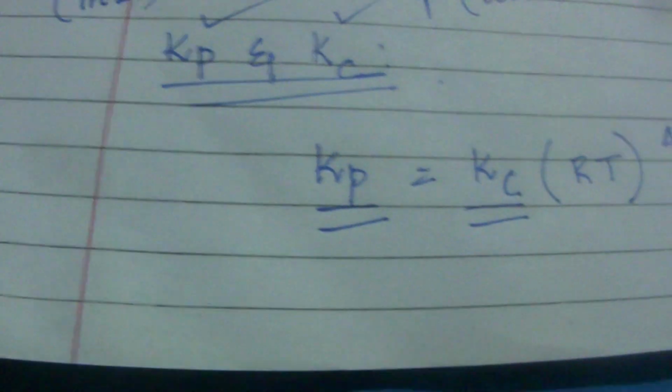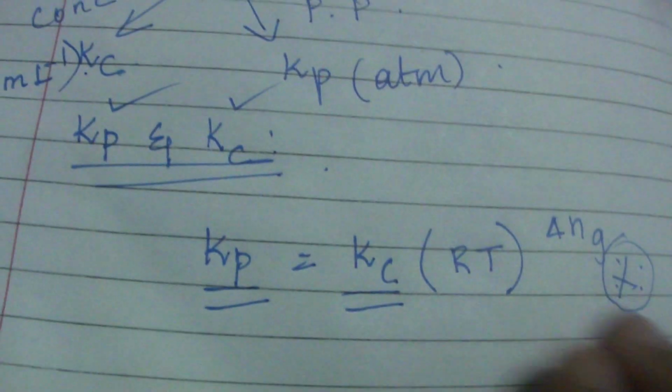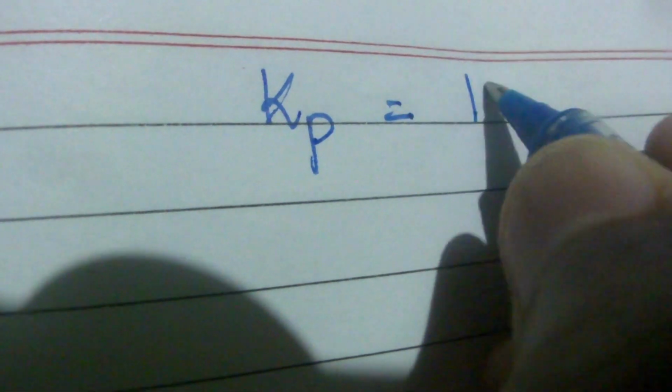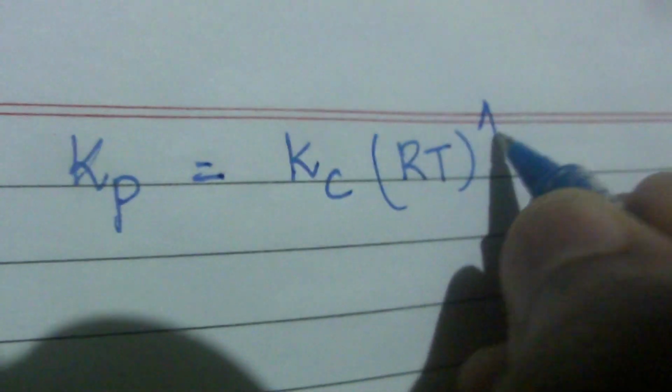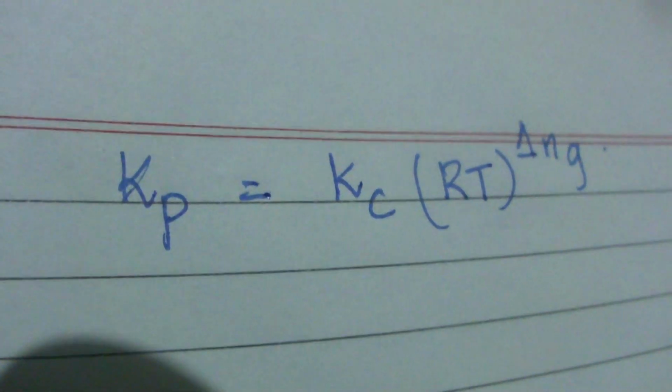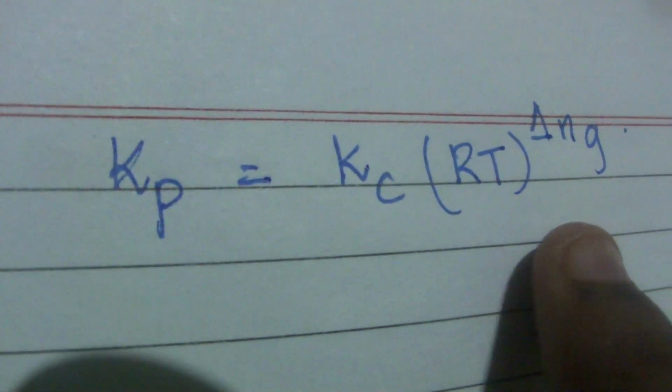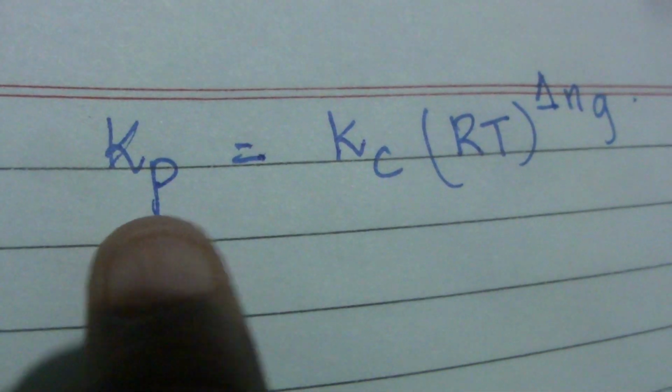Based on this formula, we can make some special cases, which we will be learning now. Let's write the formula once again: Kp equals Kc into RT power delta Ng. Before getting into the special cases, we must know what these constants are.